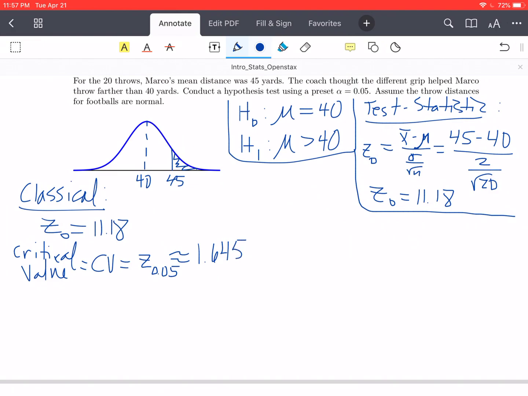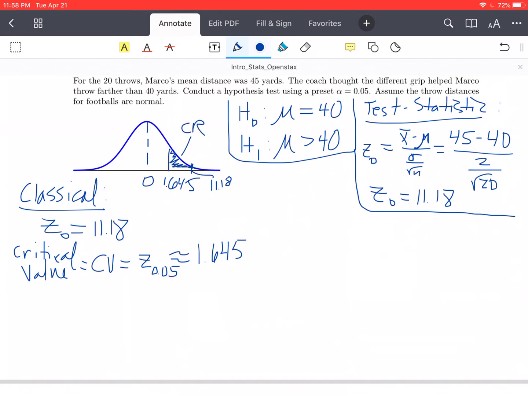If we compare these values on the graph, this is our mean of 0, our standard normal, and our z sub alpha is at 1.645. Our test statistic, z naught, is at 11.18, which is so far out we can't even see it, but it's way up here. That's within what we call the critical region, which is everything beyond that critical value.